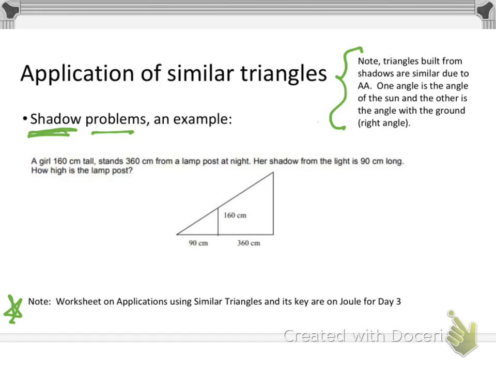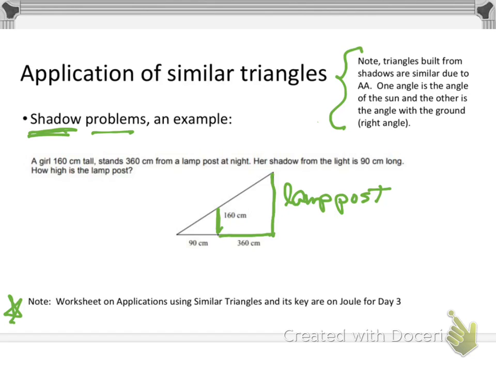Okay, so this problem says a girl who's 161 centimeters tall. So here's the girl right here on this line. She stands 360 centimeters from a lamp post. Okay, so you're getting the light from a lamp post.